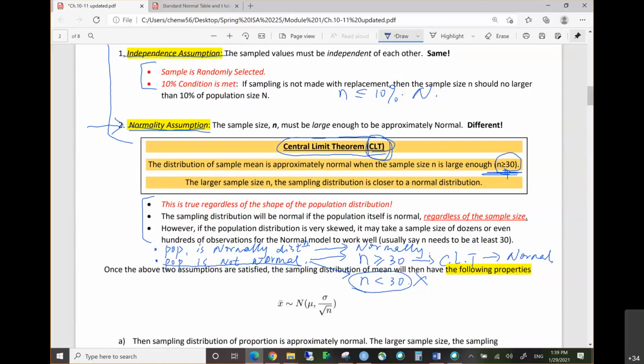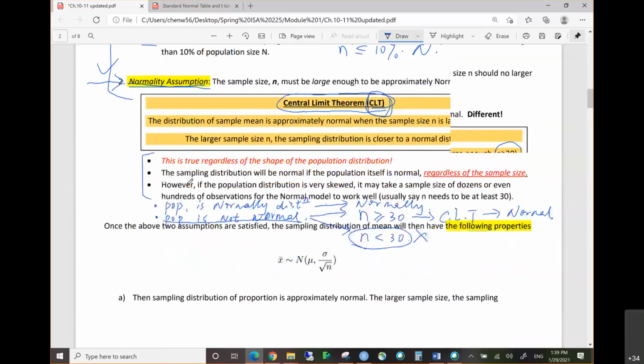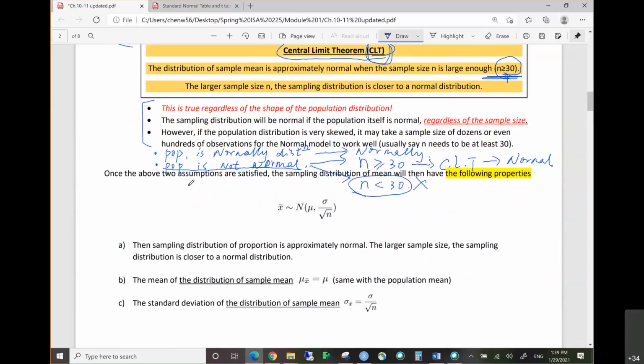And similarly, if both of these two assumptions are satisfied, we will have the following properties. The first property is that the sampling distribution is approximately normal.